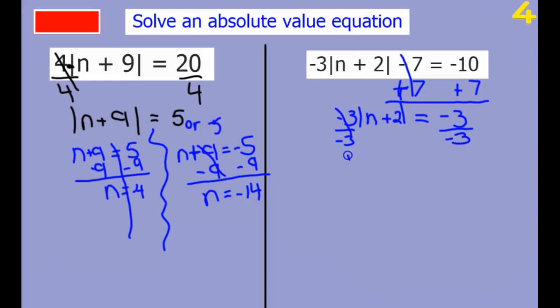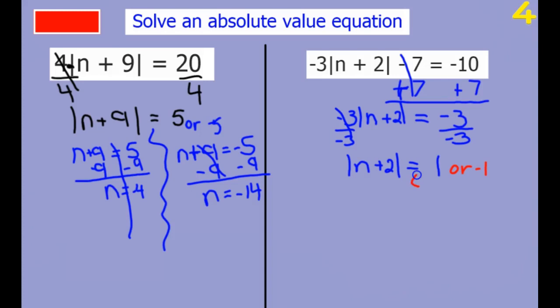And we get the absolute value of n plus 2 equals 1. Two negatives make a positive 1. Negative 3 goes into negative 3 just once. So now we know that this can either be 1 or negative 1.